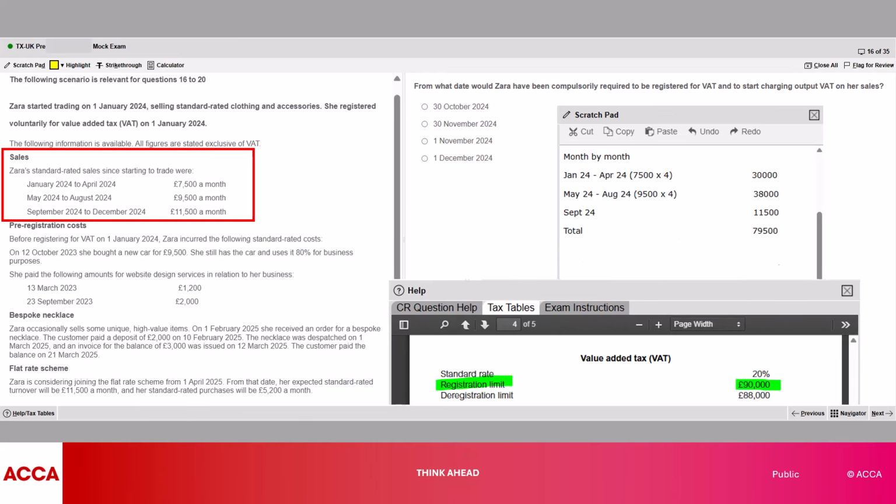And if we work month by month, so let's just say if we did the 9 months to the end of September, that would take us up to 79,500. We're getting pretty close there. And then if we add on one more month, 11,500 for October, then that takes us over the limit.